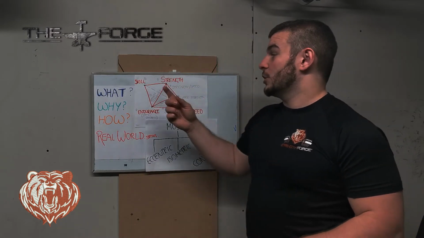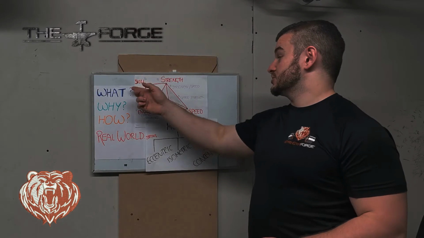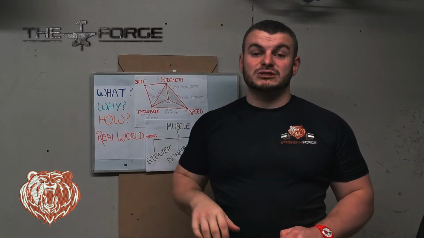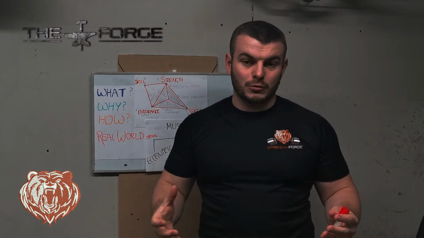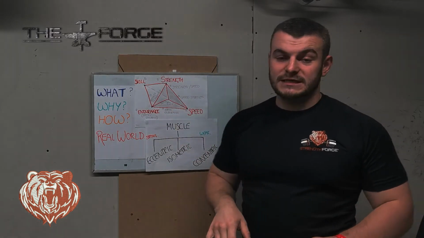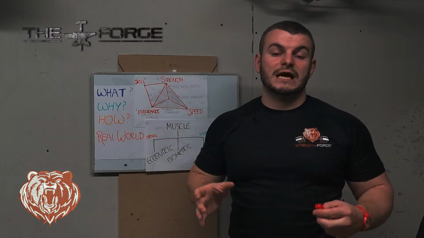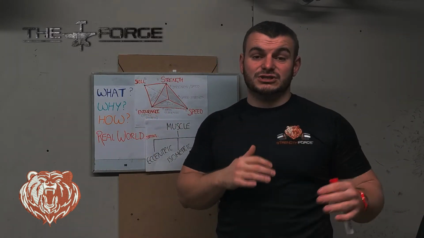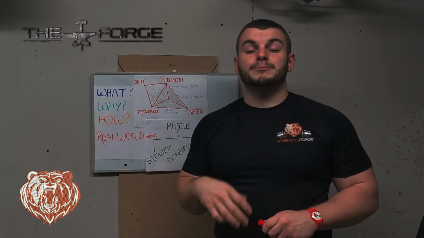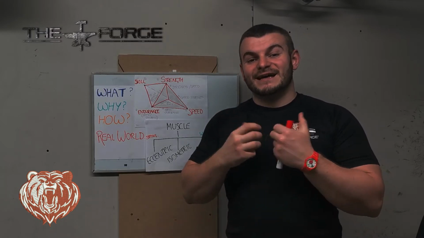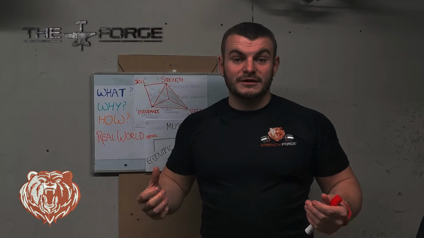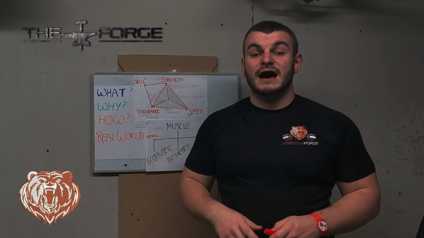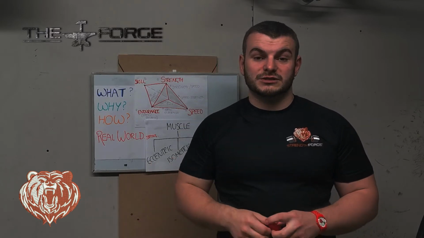Within that, we also have other fitness components such as skill, endurance and speed. Obviously there are a few more, particularly things like flexibility, but this diagram behind me simply just shows how strength is linked to each of those components. And the beauty of strength is, as I've said before, it forms the foundation of all other fitness components, and therefore it is linked to all other fitness components.